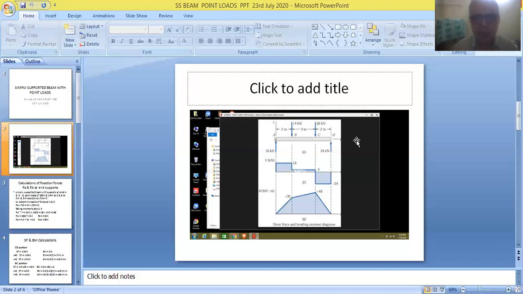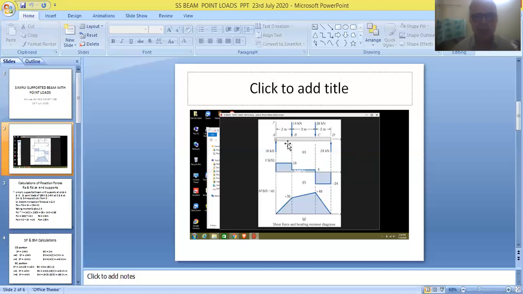You add up the individual distances and we get the total length of the beam. So 2 point loads are acting at 2 different points.